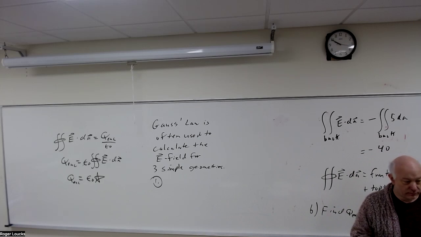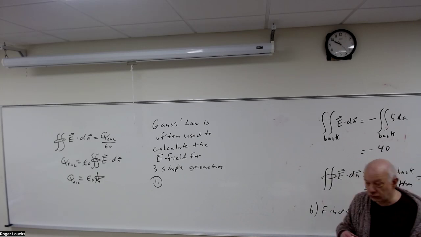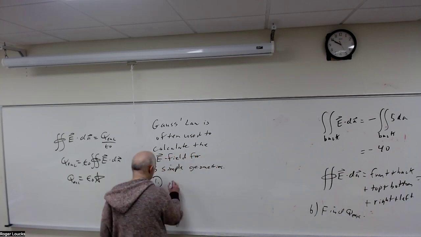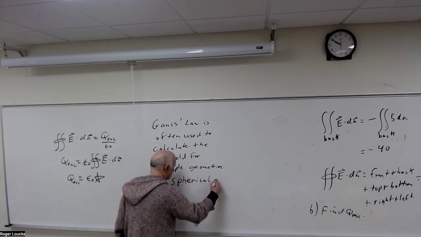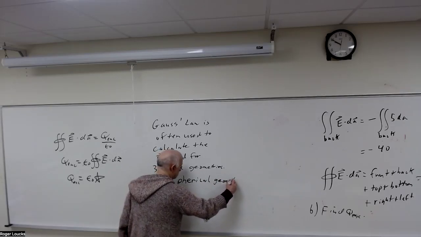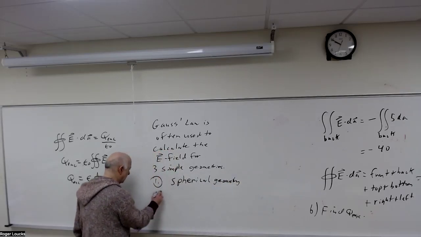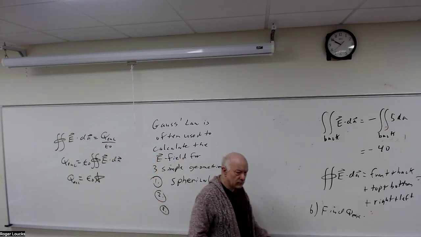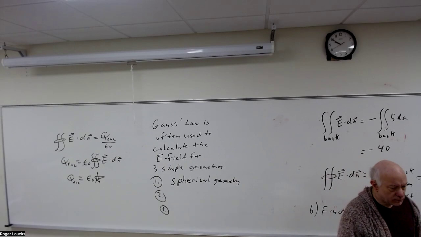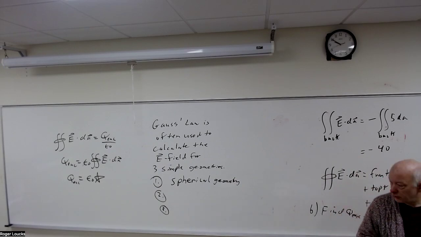Okay. You're looking for 2D or 3D? It's all 3D. There. Sphere, something with spherical symmetry. So spherical geometry. Okay, the next two are not that obvious, not one bit obvious, because of two words we have to put in front.